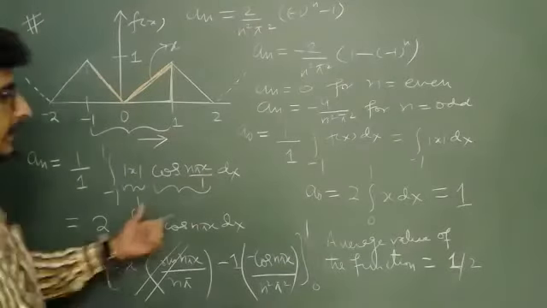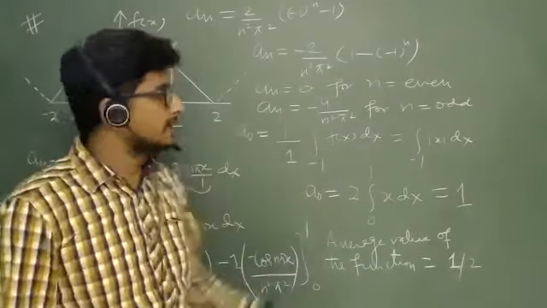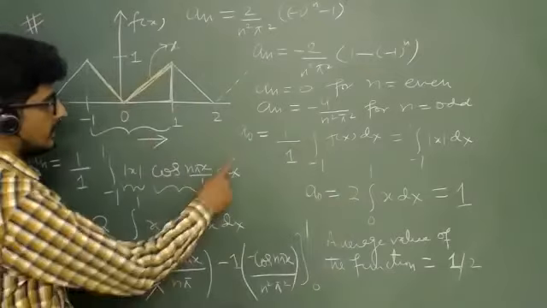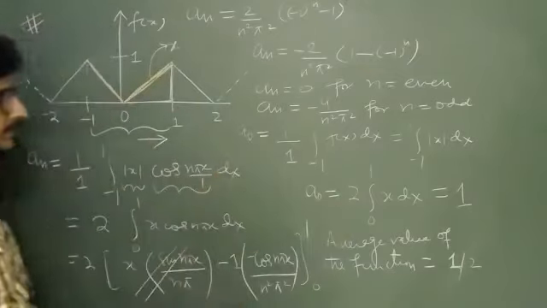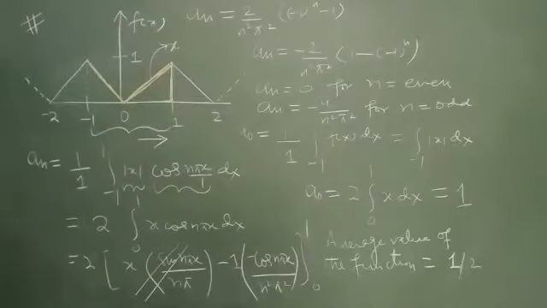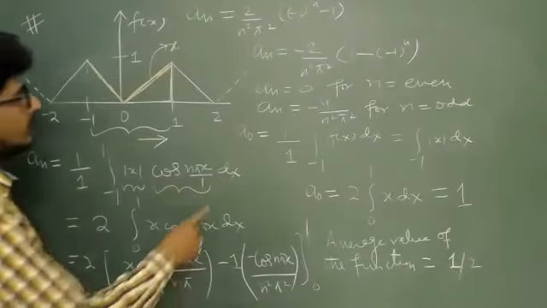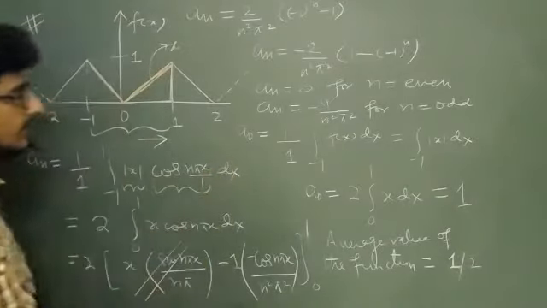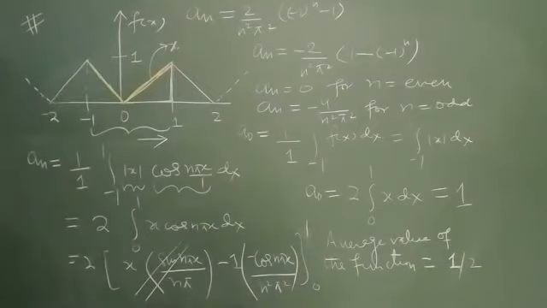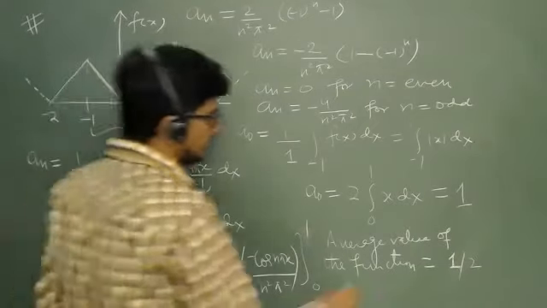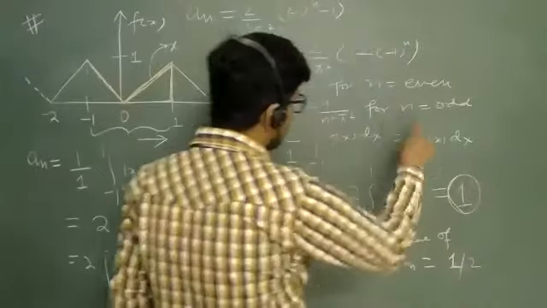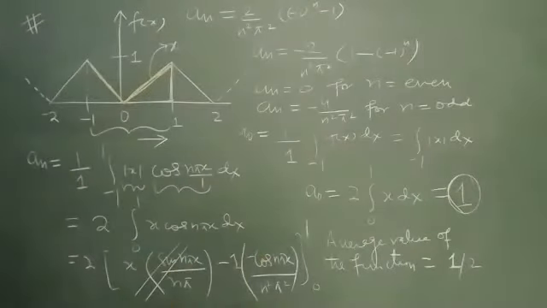Actually, they asked about just a naught, I mean, the first term. They asked what is the value of a naught? So what is the value of a naught? A naught is 1. But I have calculated everything, so whatever is asked, you can tell. Any doubt in this?